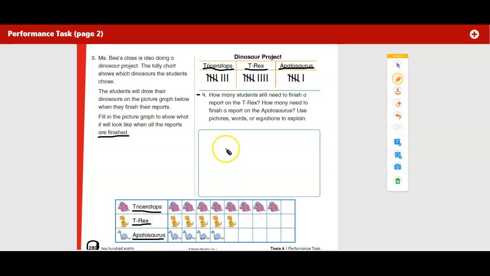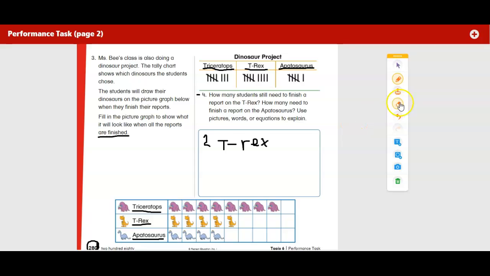Then, in the box here, you can write the number of T-Rex. So if you had to add 2 T-Rex, for number 4, you could write 2 T-Rex. Or if you had to add 3, then you would write 3 T-Rex.